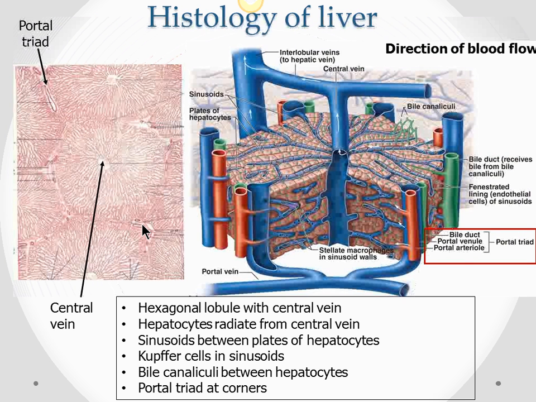Let's look at the liver. Even before I go to the cells of the liver, if you remember when we were doing the circulatory system, we said that all the blood from the gastrointestinal tract first went into the liver through something called the hepatic portal vein. Can you see that? This portal vein goes into the liver and breaks up into many branches.